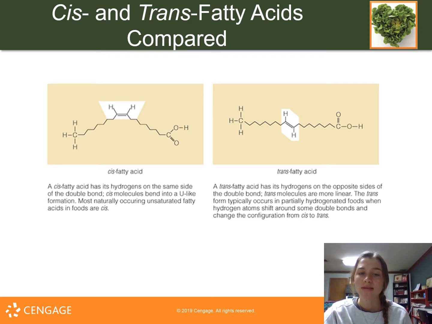And you can see, this is an example of an 18 carbon monounsaturated fatty acid and how it got configured to a trans fatty acid. The hydrogens are on the same side of the carbon in the cis fatty acid, but on opposite sides in the trans, and that's due to the processing.